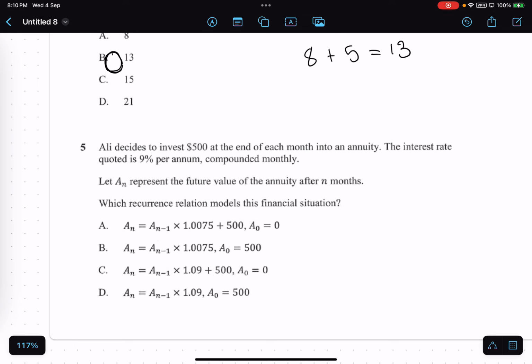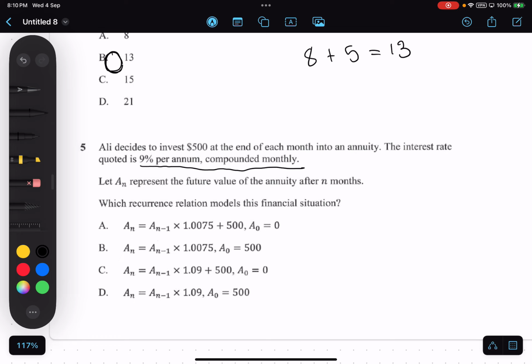So, the one thing that you can do straight away, the question says 9% per annum compounded monthly. So the monthly rate is going to be 9 over 12, which as a decimal is going to be 0.075.